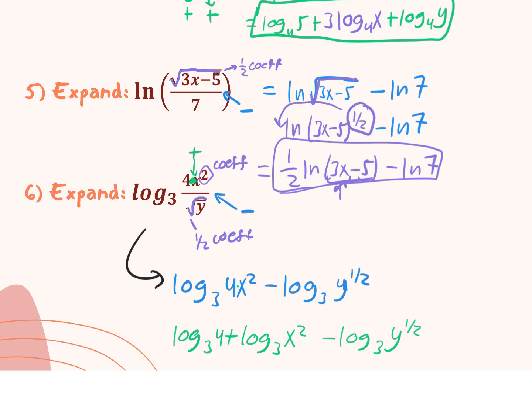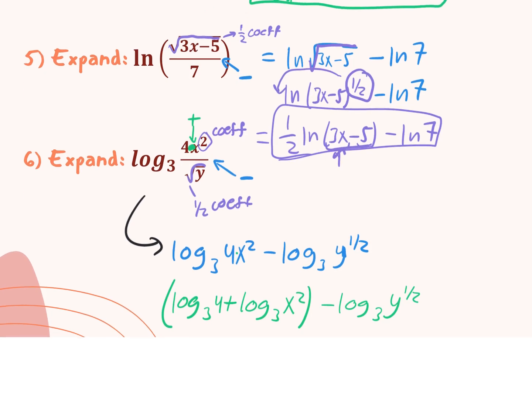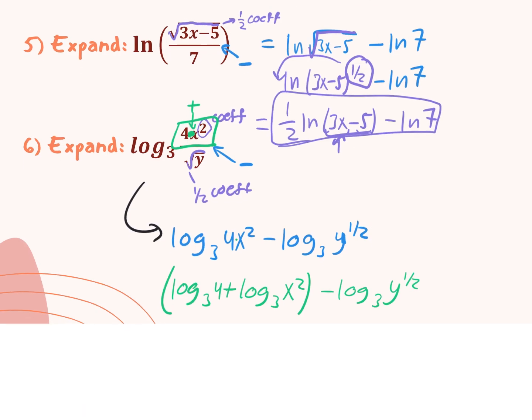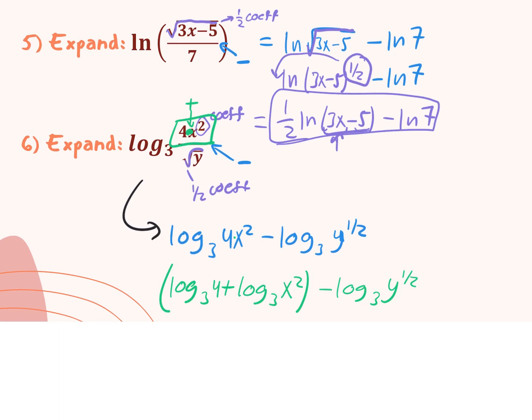And if you want to be extra specific and say that this whole thing was in the top, this whole thing is what's being divided with the y to the 1/2, so you can put it in parentheses, just to emphasize that this whole expression represents this part of your log originally. All right, and now let's take care of any exponents that we see.